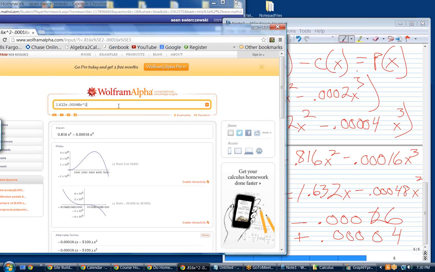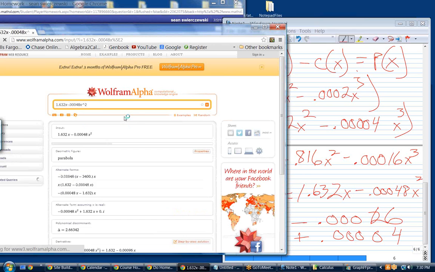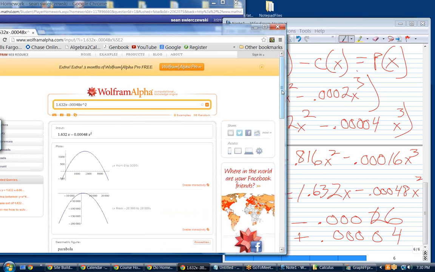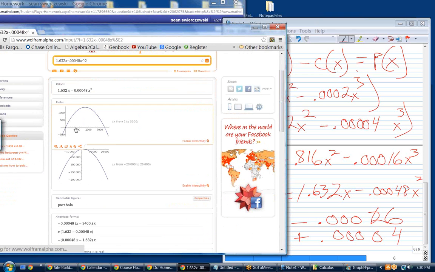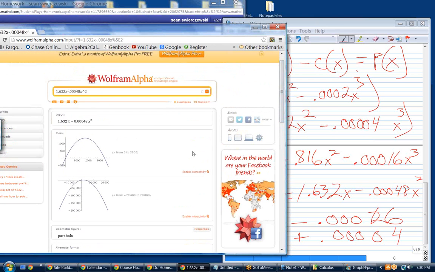This is our derivative function. So according to our derivative function, we are increasing from 0 to whatever this number is, and that number is 3,400. So we're increasing from 0 to 3,400.